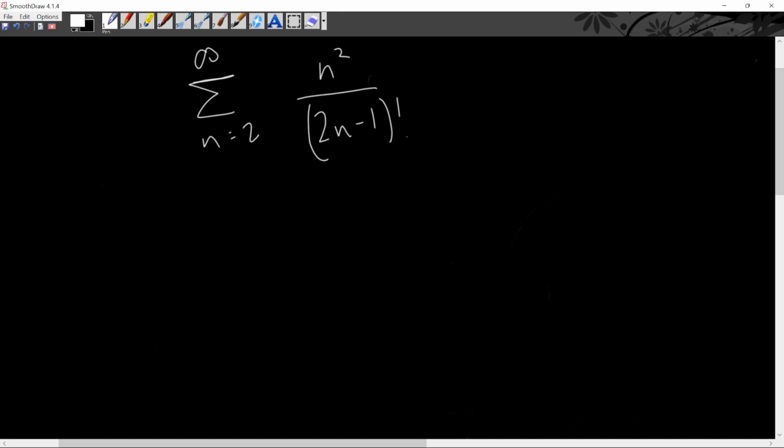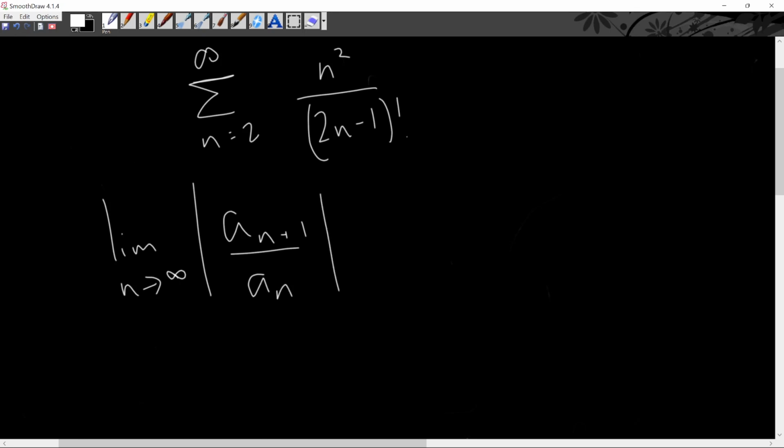And we are going to do the ratio test to see whether this converges or diverges. So let's plug in everything that we have. We have the limit as n approaches infinity of a sub n plus 1, absolute value, over a sub n. And for this specific series, for a sub n plus 1, we're just going to plug in n plus 1 for every place that we see n.